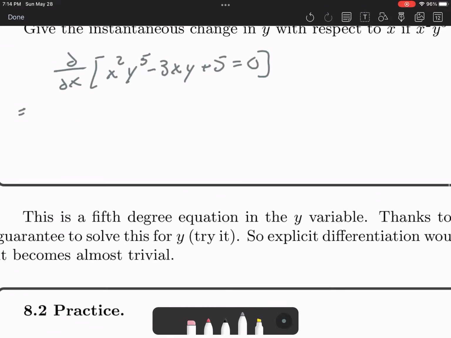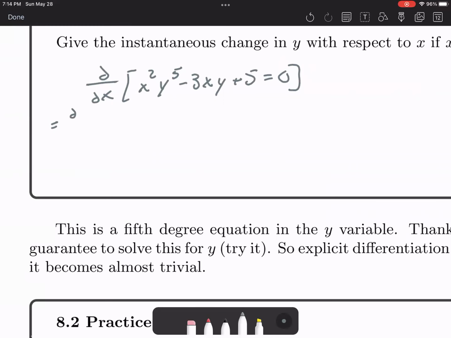We'll differentiate the x squared times the y to the fifth first. Subtract 3 times the derivative of x times y. And add 5 times the derivative of a 1. I guess I could have left the 5 right there, but either way you want to think about it. And the derivative of 0.